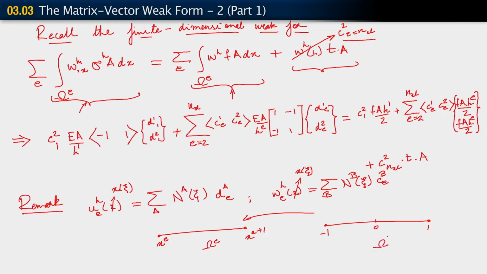This is omega C, in the one-dimensional space parameterized by C. Now we have this picture, and what I'm going to use it to do is to ask ourselves what form these expansions take for UH and WH if we choose to evaluate these quantities, these fields, at the nodes themselves.